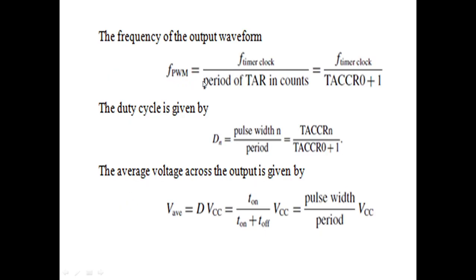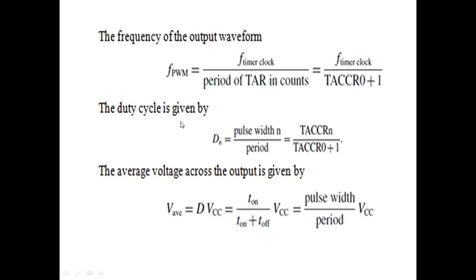So here, the frequency of the pulse width modulation is calculated by dividing the frequency of the timer clock by the period of the timer A register in counts. So the number of clock cycles in the timer clock is 100 here.